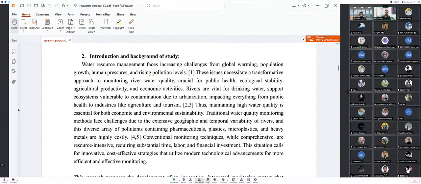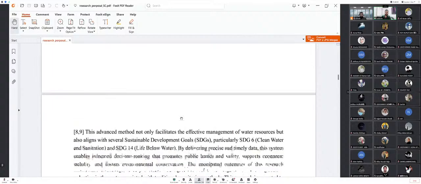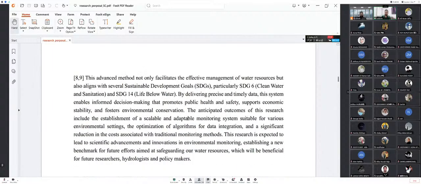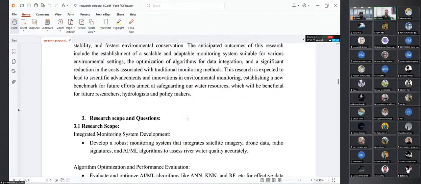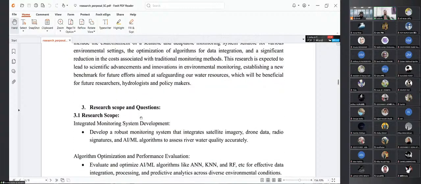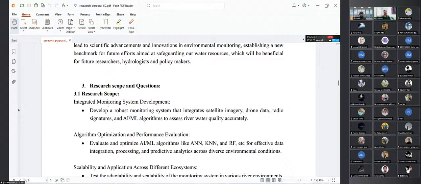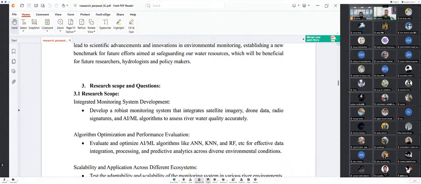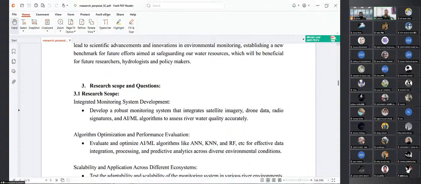So this is the introduction. Now you have to go through all this text and read everything, right? Then there are the research scope and questions. If you follow these research scopes, you can find literature about them and put it into a paper format. Right now I have written just one or two lines.